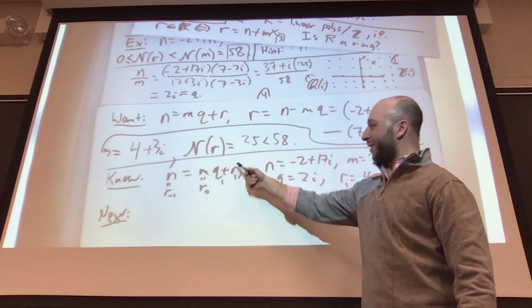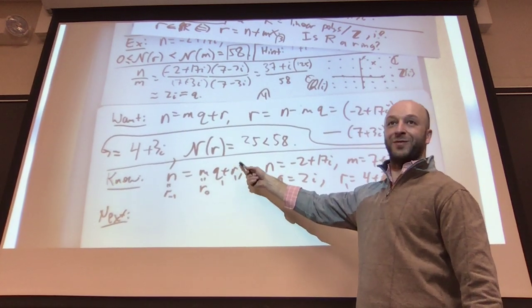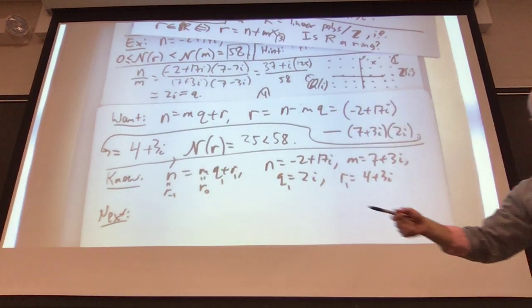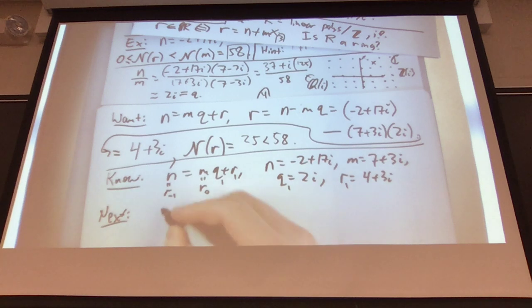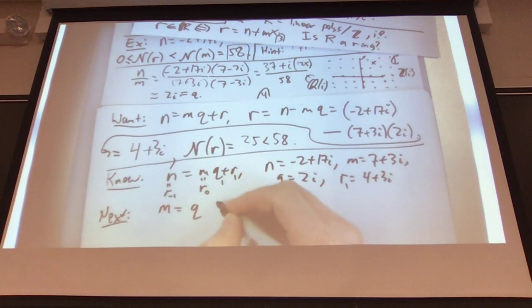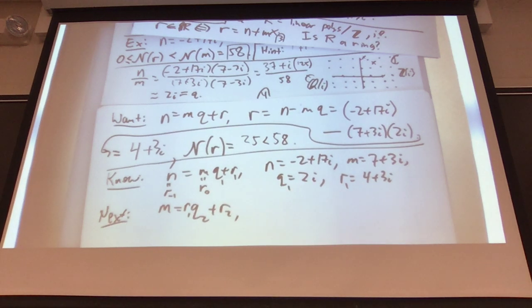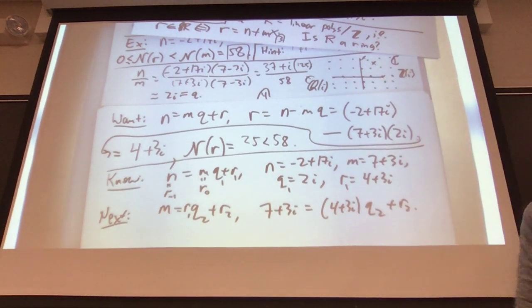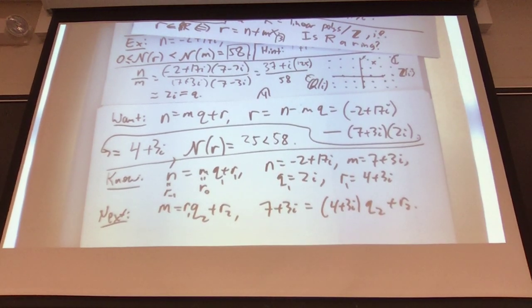We have to continue this process until we have no remainder, until this fraction is a Gaussian integer. So m equals r1 times q2 plus r2. In other words, we're trying to find a q2 near 7 plus 3i over 4 plus 3i. Go for it.